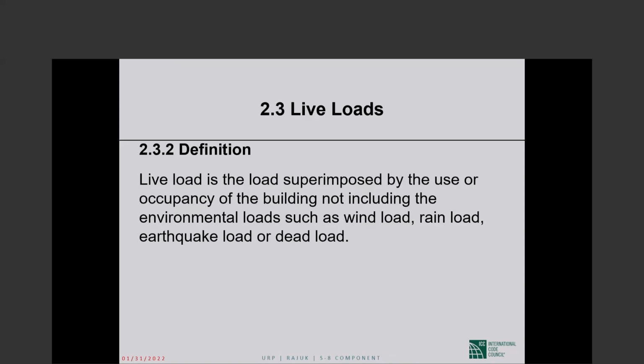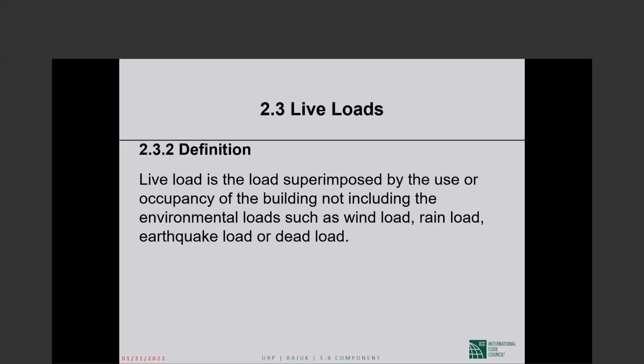Anyway, so live load is the load. I want to emphasize this. Live load is the reason we put up a structure to carry it. The sole reason why we put up a building is that we want to impose live loads on that building.